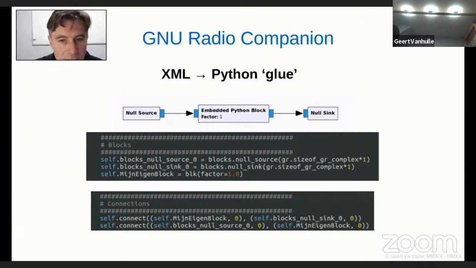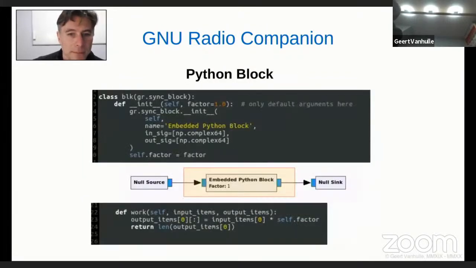And you can see here that we are pushing complex samples from one to the other. It's a way of describing these blocks and connecting them together. You see the connections there. So we connect my own block with the sink, and then we connect the source with my own block. So this is the Python code example of what we see in the flow graph here.